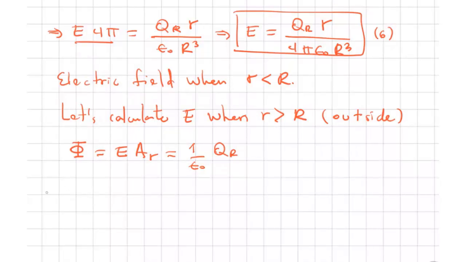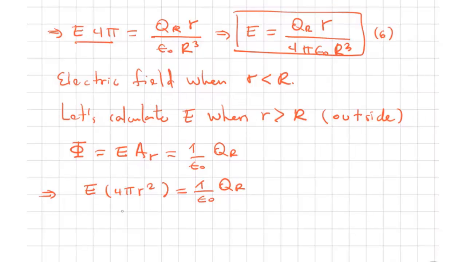So this is E multiplying the area of the Gaussian surface, that is 4π r squared, equal to 1 divided by epsilon 0 QR.